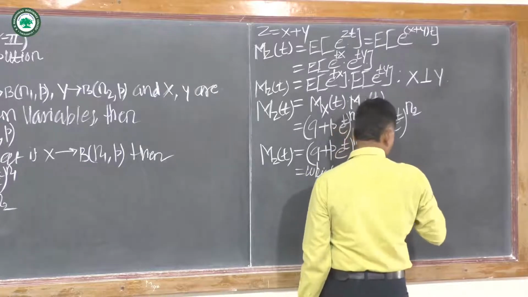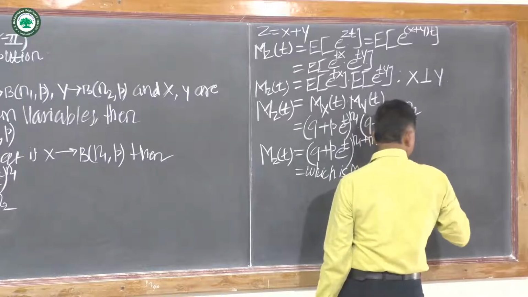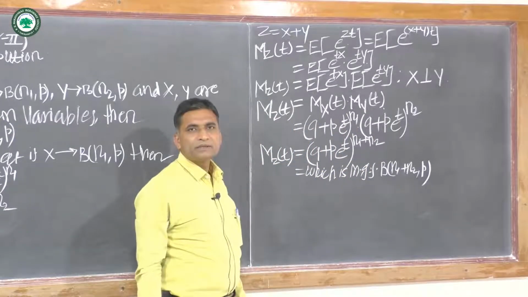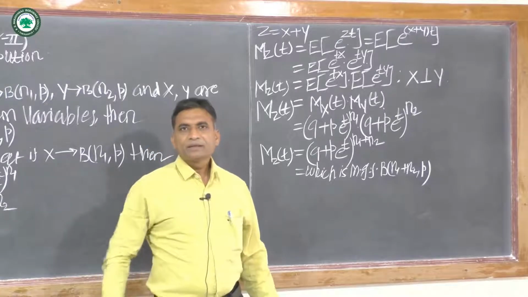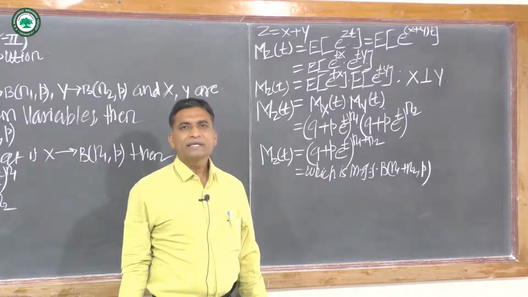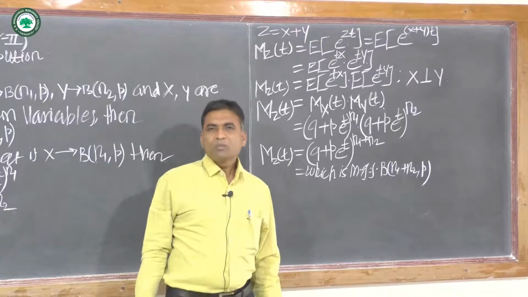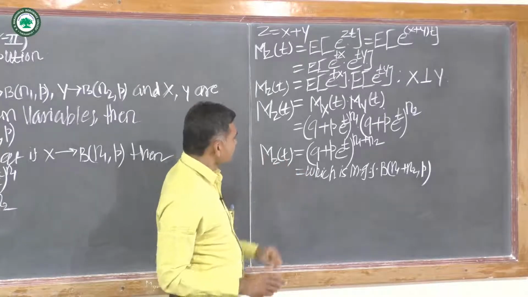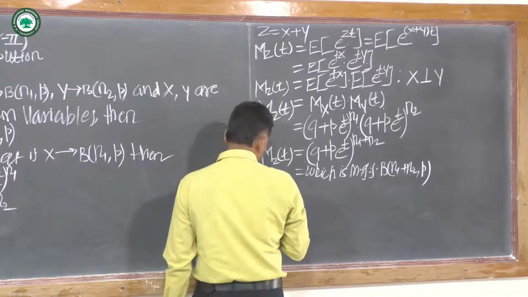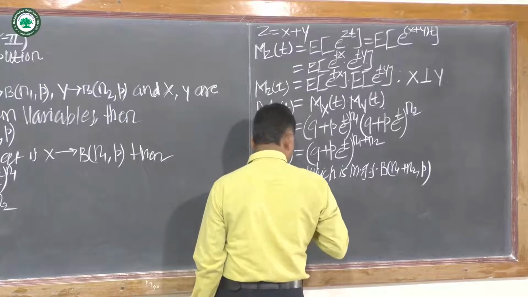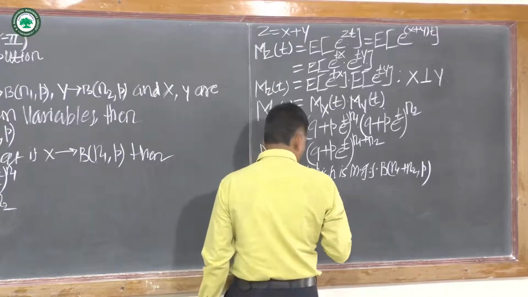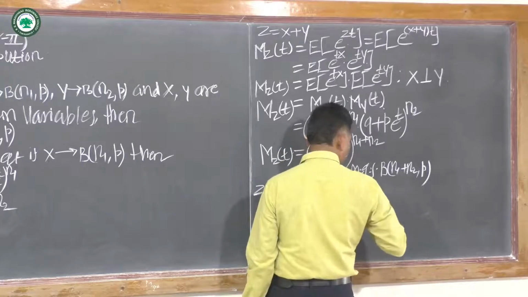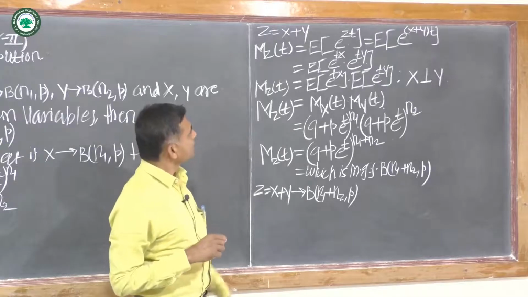Then by the uniqueness property of MGF, that is, for a given probability distribution there is a unique MGF if it exists, and for a given MGF there is a unique probability distribution, we can say that Z equal to X plus Y follows binomial distribution with parameters n1 plus n2 and p. Hence the proof of the additive property.